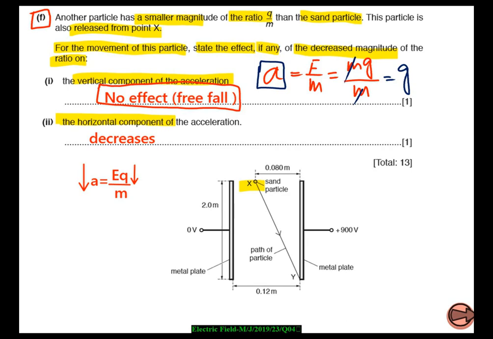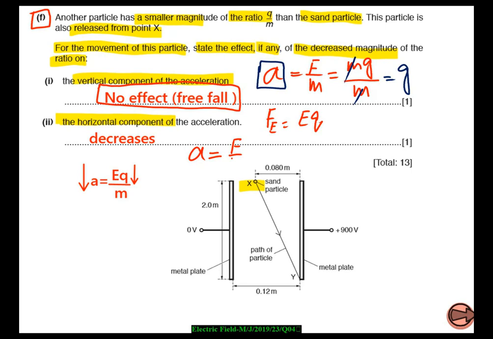If we plug in the value of the electric force, we can also write it in this form. Now as you can see here, a depends on E, q and m. E is the same because the particle is in the same uniform electric field, but the ratio of q over m is decreasing.